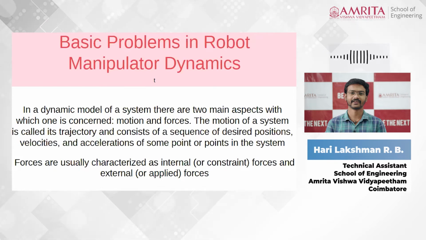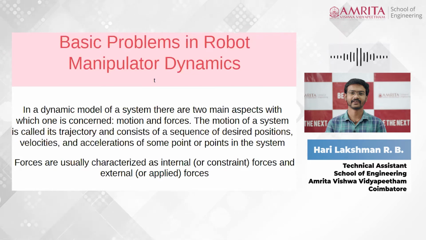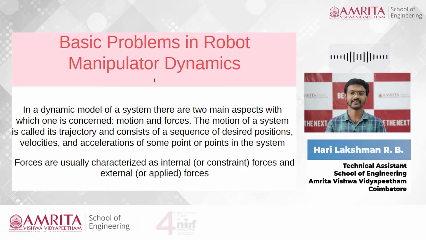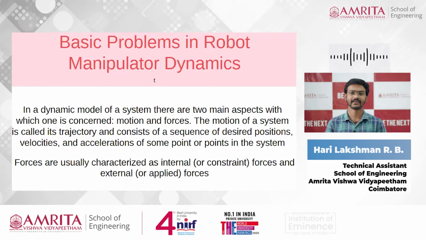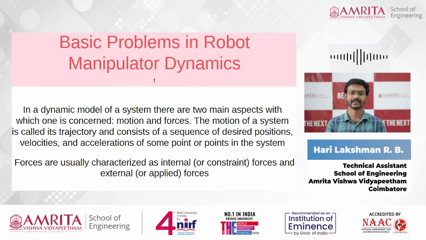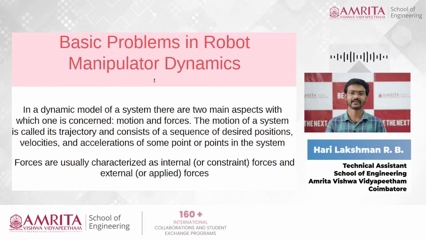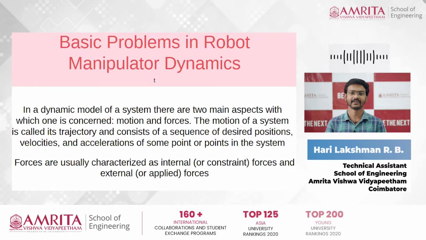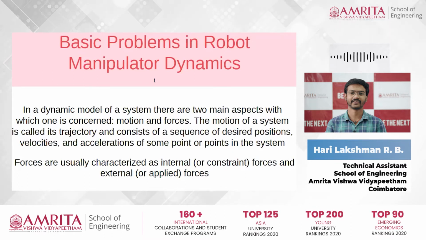So in robotics, a dynamic robot model usually describes the relationship between robot motion and the robot's force, which is causing that motion. So given one of those quantities, we can determine many other aspects also. There are therefore many other problems which will be considered in the following slides.